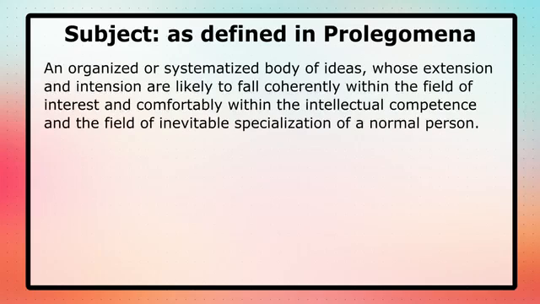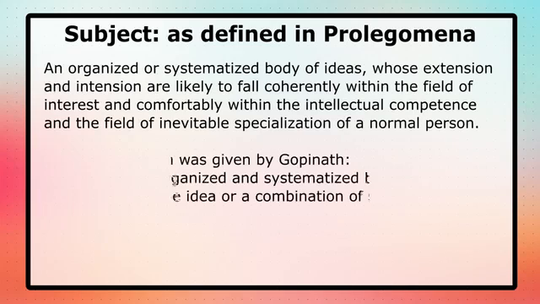Now, subject is defined in the Prolegomena like this. It is an organized or systematized body of ideas whose extension and intension are likely to fall coherently within the field of interest and comfortably within the intellectual competence and the field of inevitable specialization of a normal person.